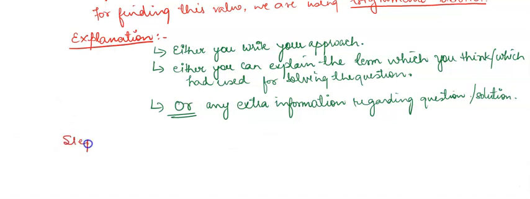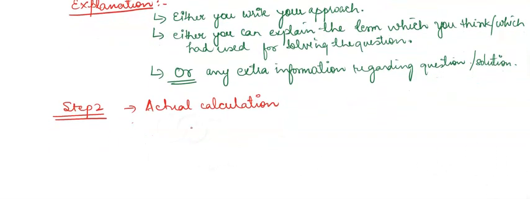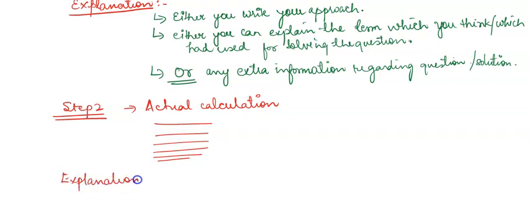Now, coming to step 2, your actual calculation will start from this step 2. For example, you go with the step in your own language and you put the solution like this. And then again, you have to go for the explanation of step 2.